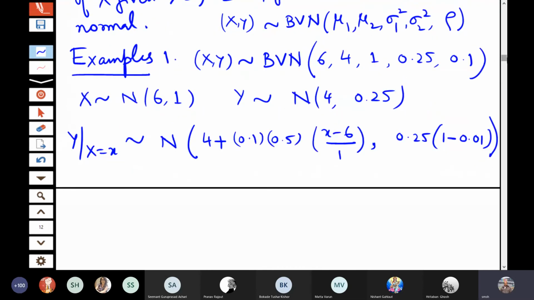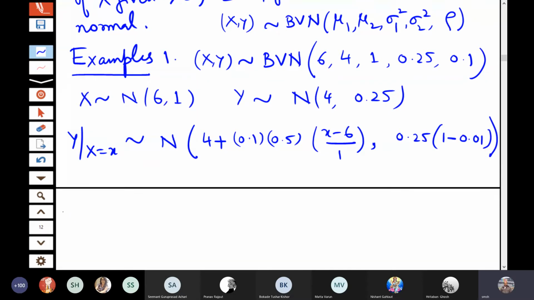So I have written the properties here. If XY has a joint bivariate normal distribution, then the marginal distribution of X is normal with mean mu1 and variance sigma 1 square. Y has a marginal distribution which is normal with mean mu2 and variance sigma 2 square. The conditional distribution of Y given X is normal with mean mu2 plus rho sigma 2 (x minus mu1) by sigma 1 and variance sigma 2 square into 1 minus rho square.